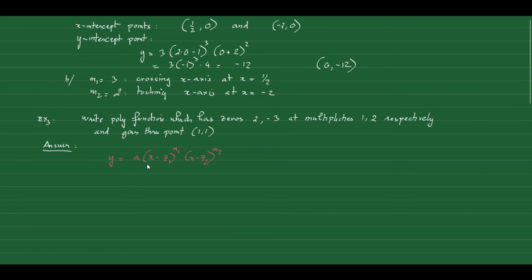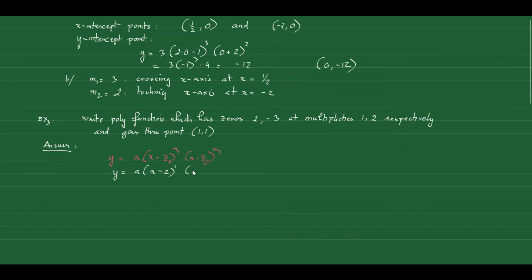Alright, so our goal is to find a. Because we already have everything over here, we just go ahead and plug them in. So you have a times x minus z1, which is 2, corresponding to multiplicity 1 over here.